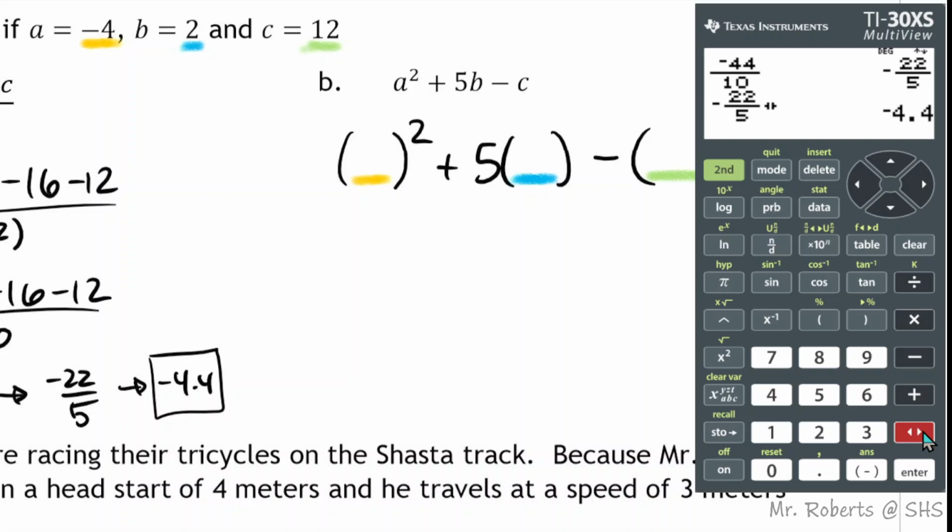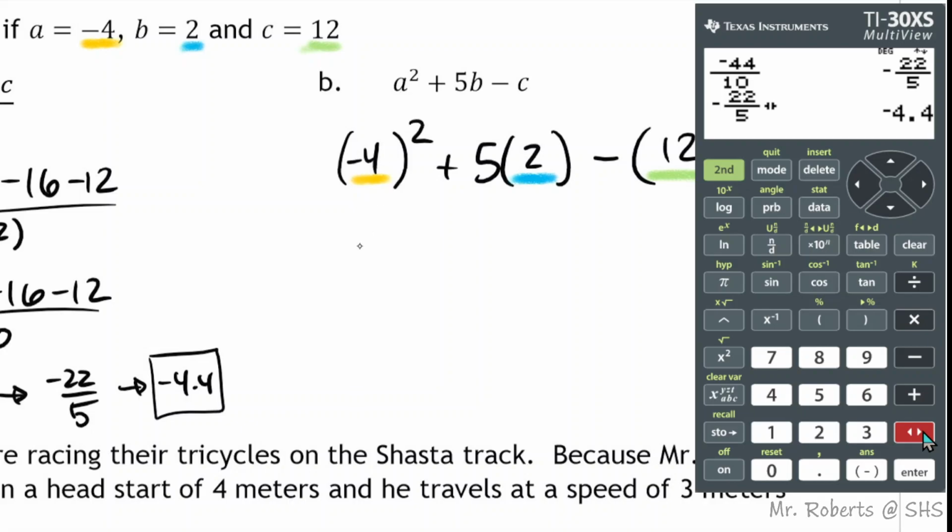So using these parentheses will help me use the right notation that will be accepted by my calculator. So negative 4 is going to get squared, plus 5 times 2, and then minus the number 12.